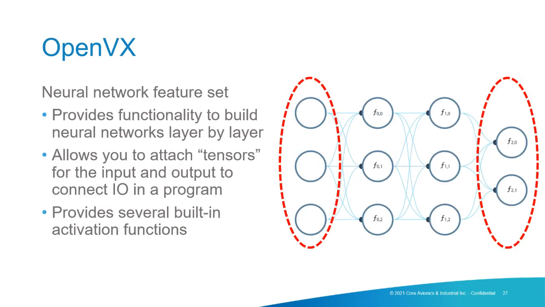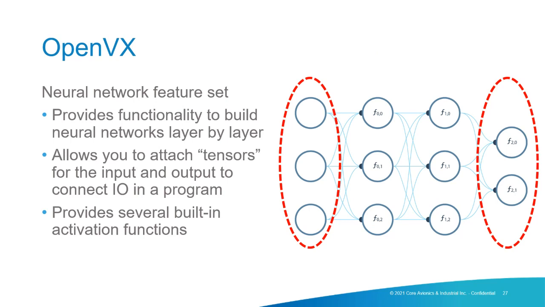So to start off, the neural network feature set is interesting from OpenVX. It provides functionality to build neural networks layer by layer. So it provides an API that allows you to construct convolutional layers, fully connected layers and different types of layers that you can then attach to tensors for the input and output of your program. So for example, if we are using a camera, we're likely using some library associated with that camera to get the data.